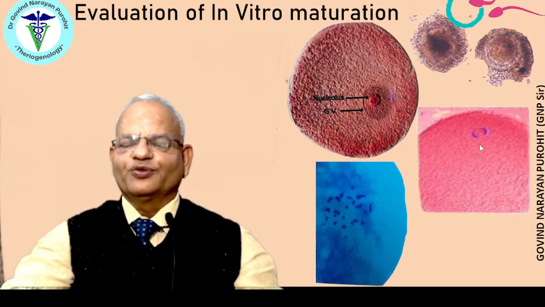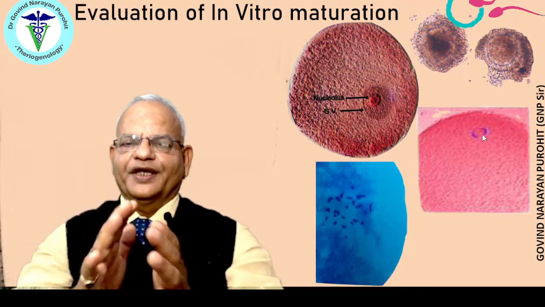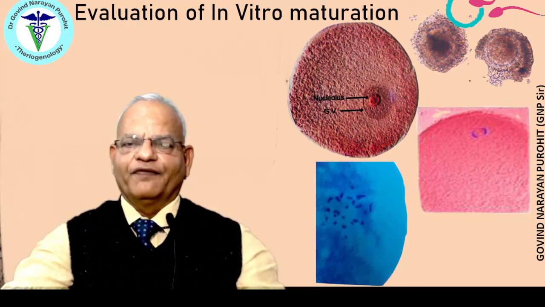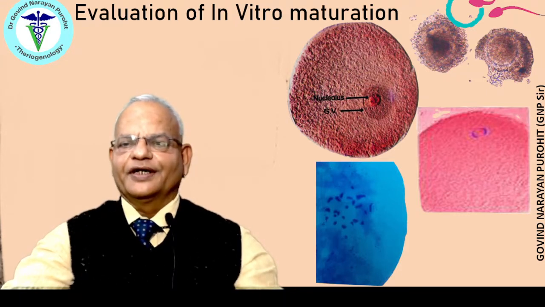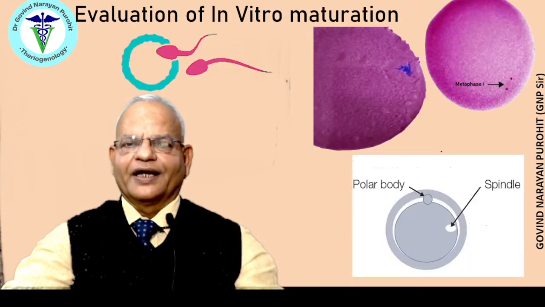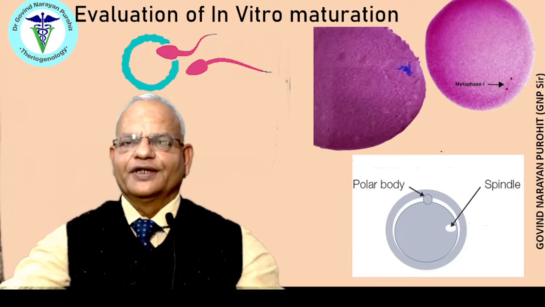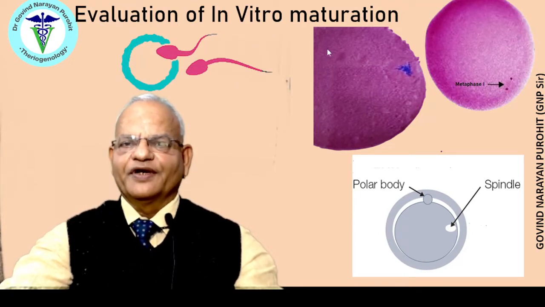And then in this one you can find the anaphase-telophase, where the chromosomes have started separating further, and this gives very beautiful pictures wherein you can evaluate the nuclear maturation of the oocytes, right? Then the best stage after maturation for 24 hours is the metaphase 2 plate.